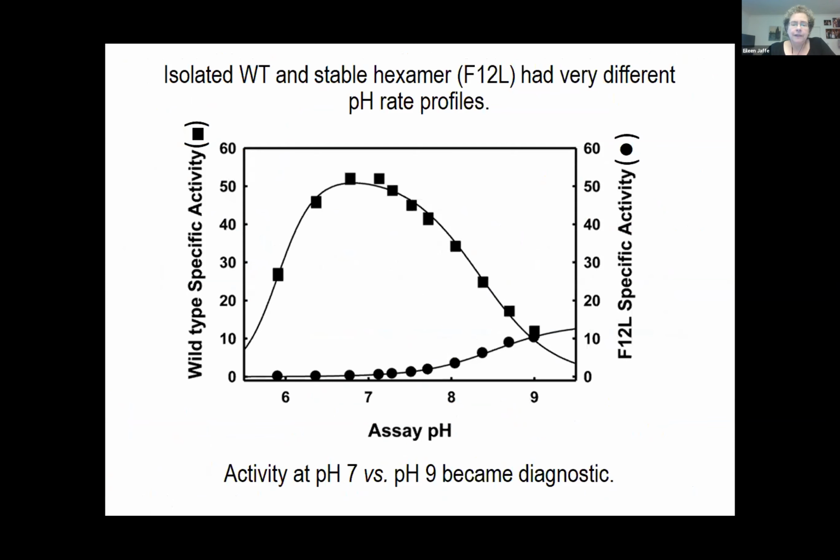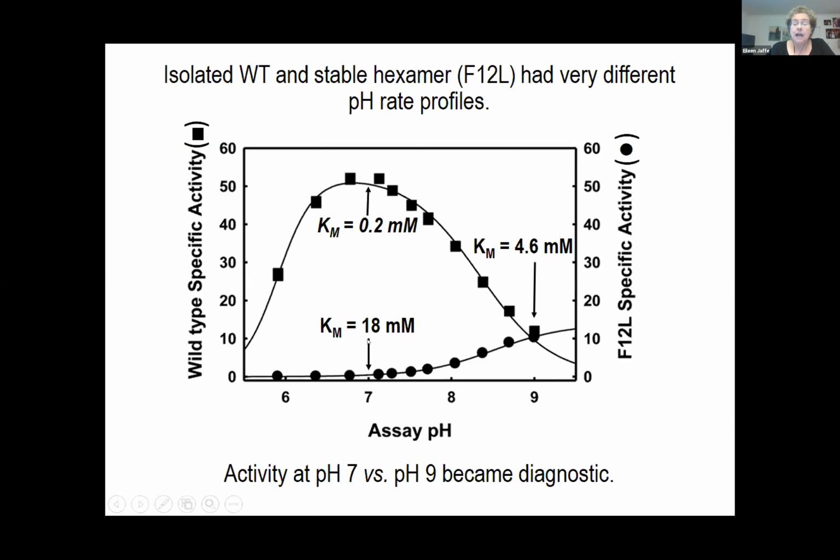Now it turns out for this protein, we had the isolated wild type protein, and we also had a stable single amino acid variant. And if you look at the pH rate profile, you'll see that for the wild type protein, you have a standard bell-shaped curve. And for the hexameric protein, you have a different looking curve. And if you do some kinetics on it, you see that the Km here is low and the Vmax is high.